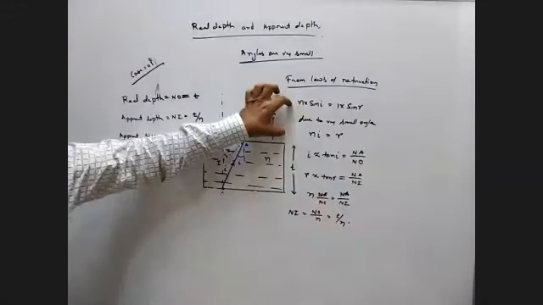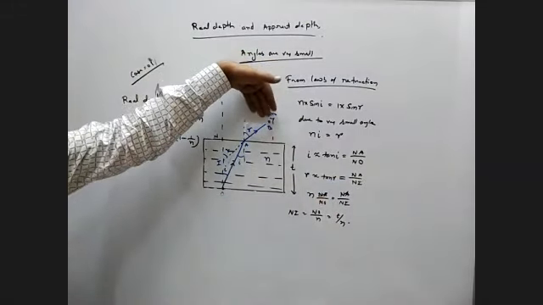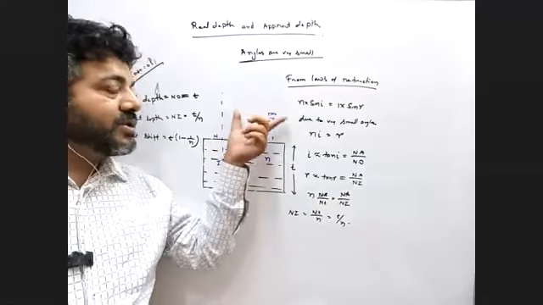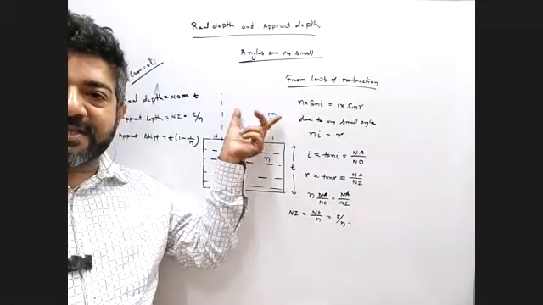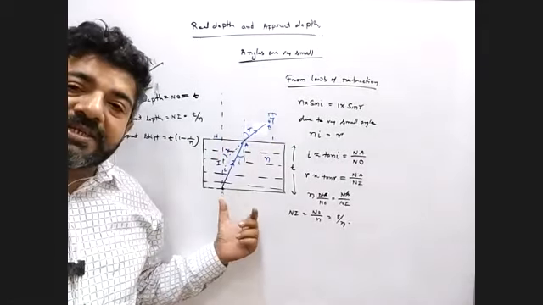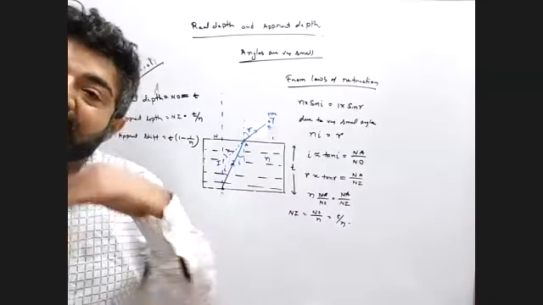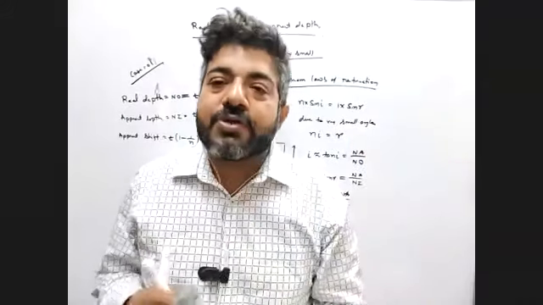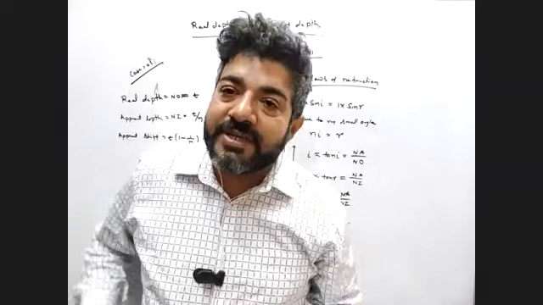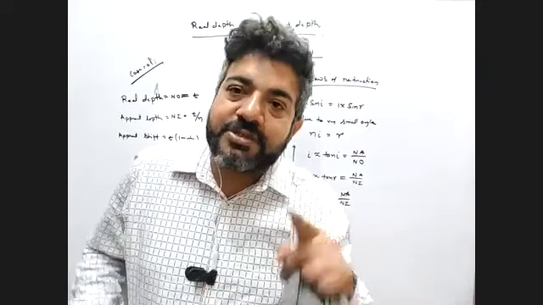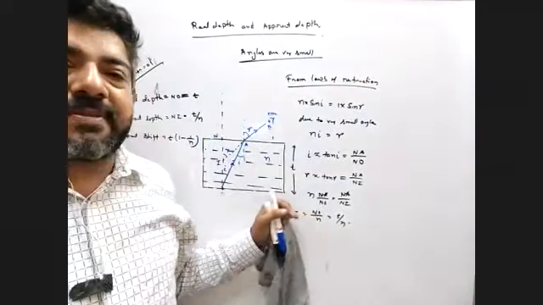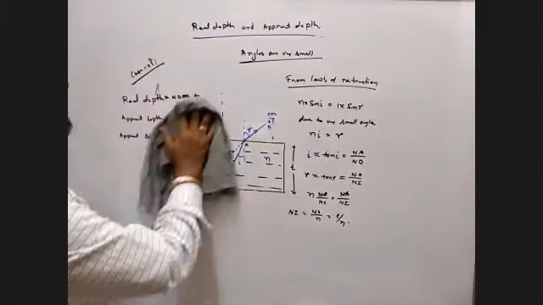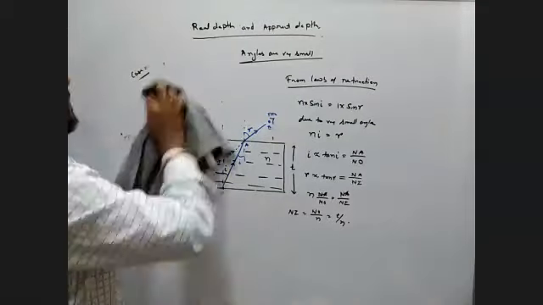So kingfisher is at the rarer medium and fish is at the denser medium. So the observer is kingfisher and object is fish. Now the reverse thing also happens, a fish observing a kingfisher. So the fish means observer is at denser medium and kingfisher is at rarer medium. So let's see what happened in the second case.